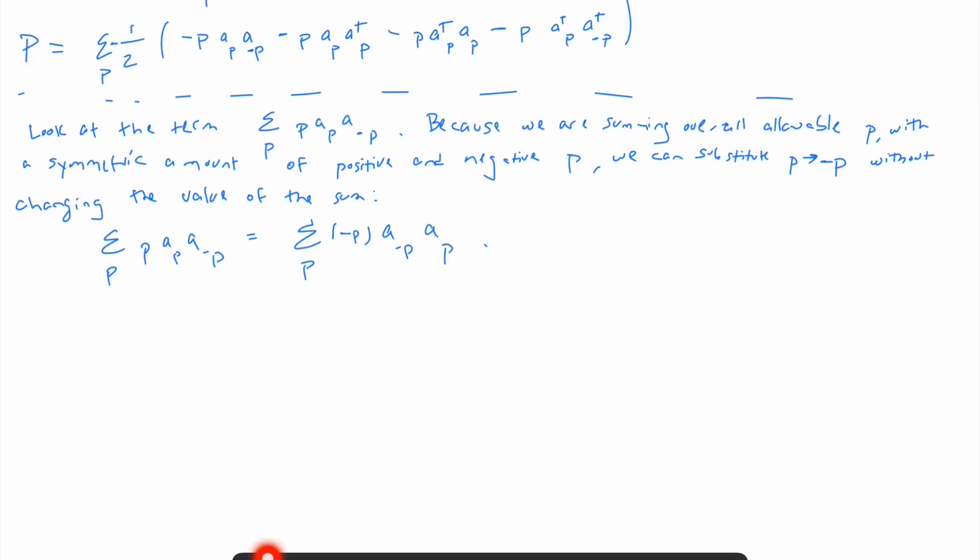I'm running out of room, so I just put this back up over here on this new slide. Now, kind of interesting here, take a moment and think about this, but it's a very simple and neat argument. Look at the term sum over p of a sub p, a sub negative p. These minus signs will cancel, so I just got rid of the minus. Remember, as we've talked about in previous lectures, we only have certain allowable values of p.